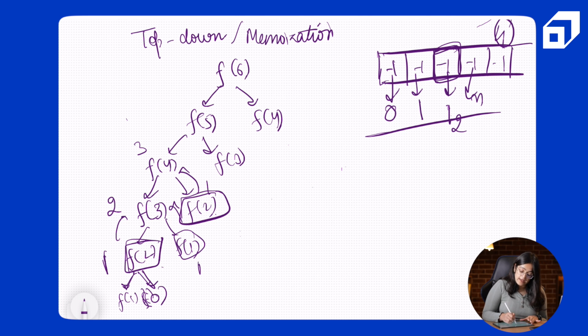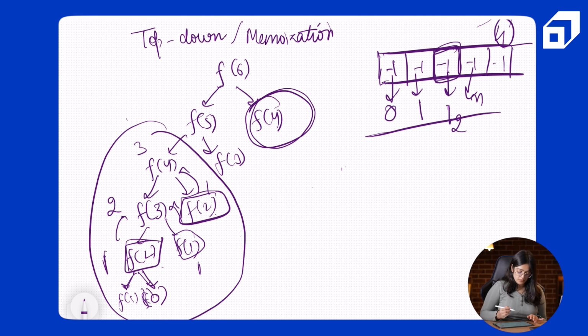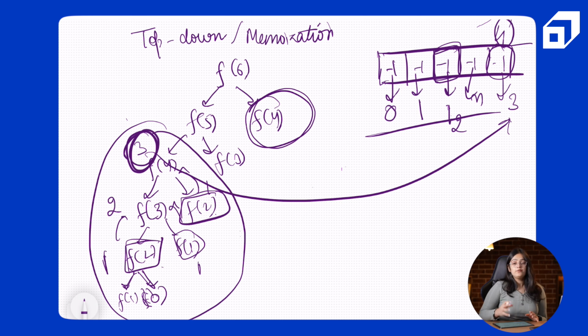And when we again come to this f of 4, we will not compute this complete tree again. We don't need to. We will just simply take the computed value of f of 4 from this table, which is already stored as 3. As we just computed, we'll just put it in the DP table and take this value. The next time we come to f of 4, we don't need to recompute it. So that's how memoization works.